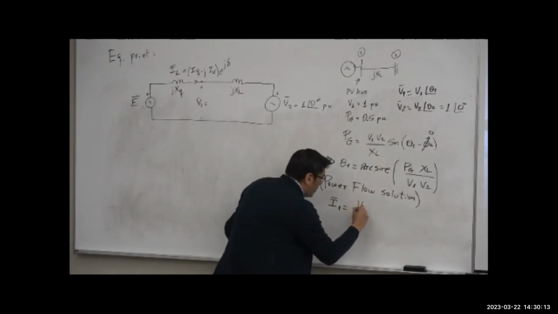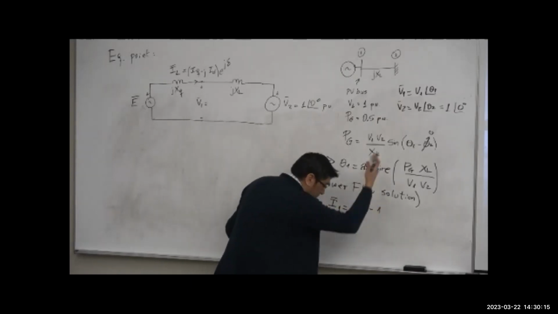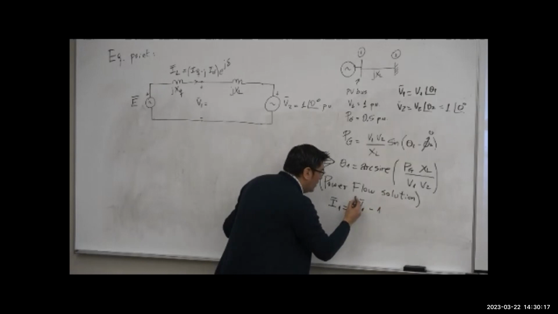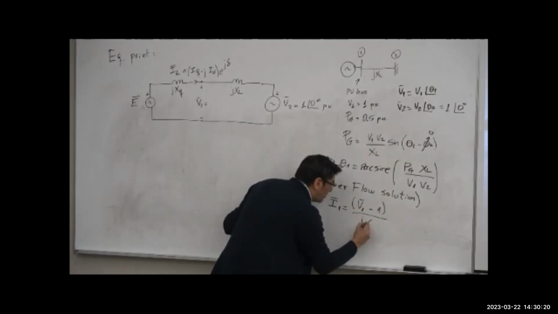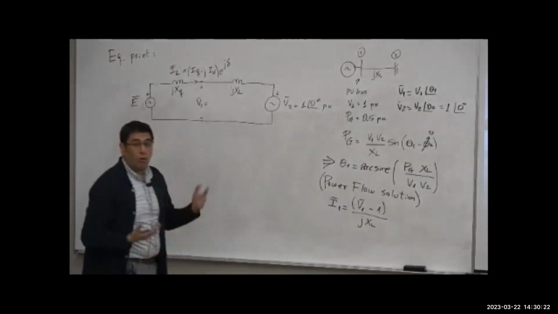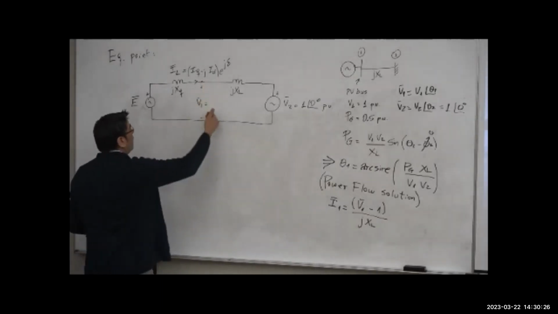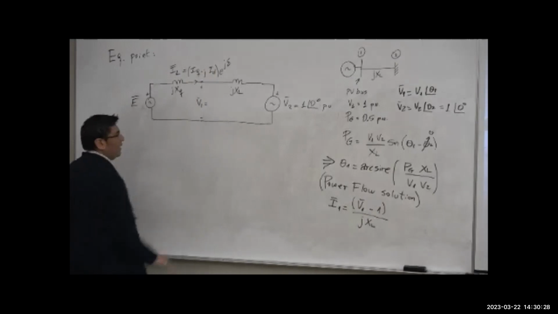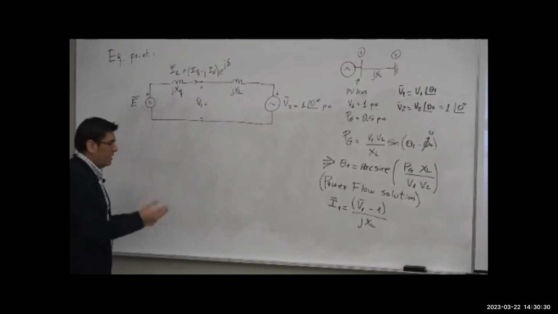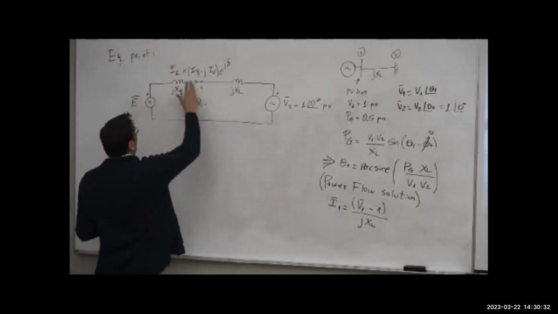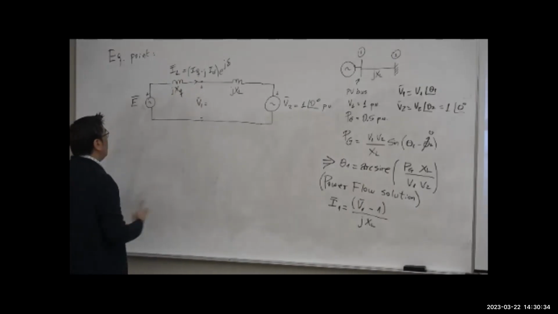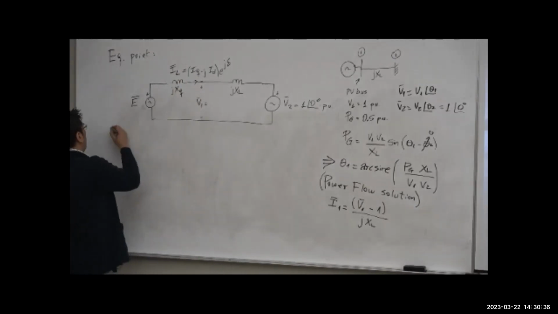I1 will be V1 minus V2, which is 1, divided by the reactance of the line, also obtained. We know from the power flow then the terminal voltage and the injected current in that bus. So we know V1, I1. What do we need to do?